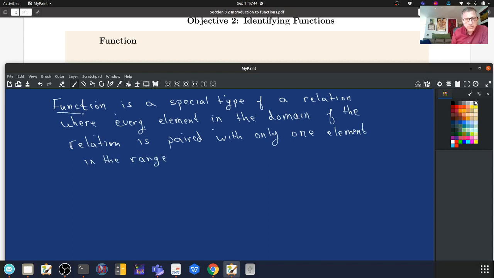A function is a relation, but it's a special type of a relation.